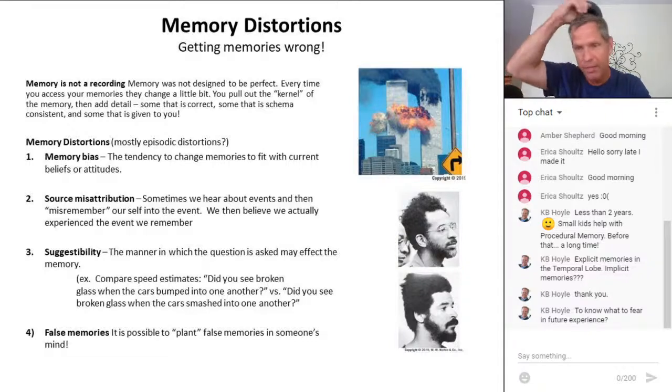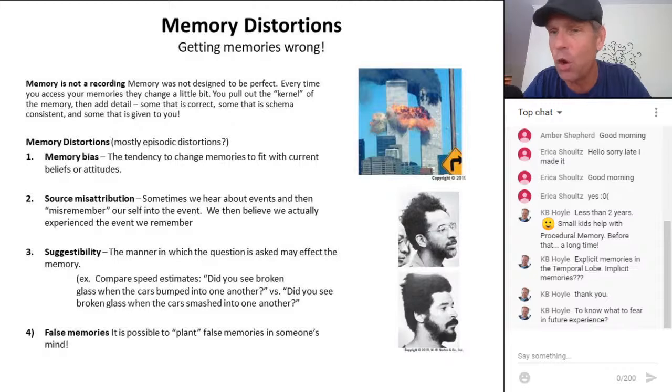She found that a lot of times, depending upon how you ask the question, you will activate different schemas which lead to different memories. So let's think about these two words, bumped and smashed. Those are two concepts, and each one of those concepts has a schema about it.